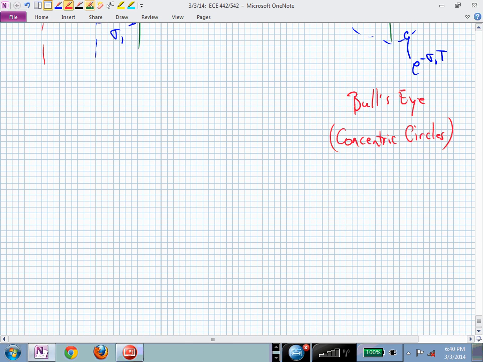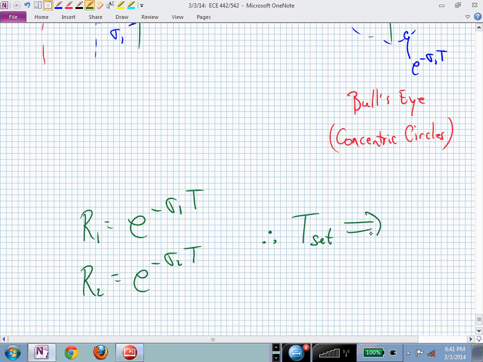In this case, we have, let's say, R1, which is e to the minus sigma 1t, or an R sub 2, e to the minus sigma sub 2t. So if somebody gives you a settling time specification, what do you immediately need to be thinking of?